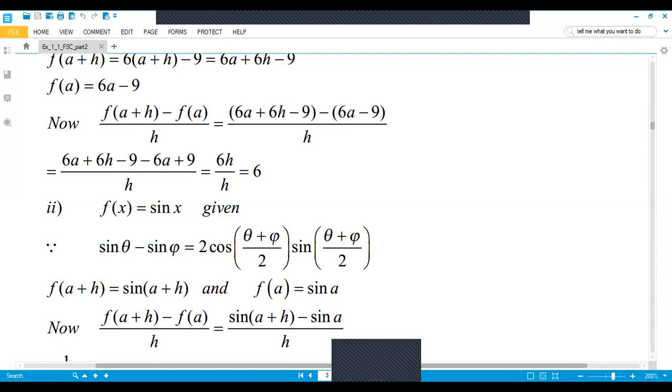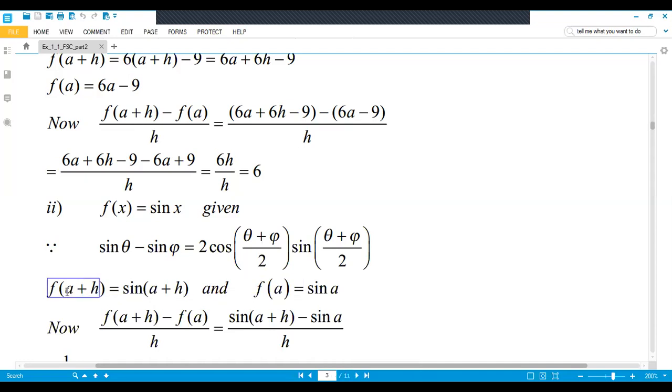When you have sine alpha minus sine beta, it will be equal to 2 cos of alpha plus beta divided by 2 sine of alpha minus beta divided by 2. The formulas which you studied in first year, we also use in this class many times. So revise these formulas, it will help you to solve the questions.